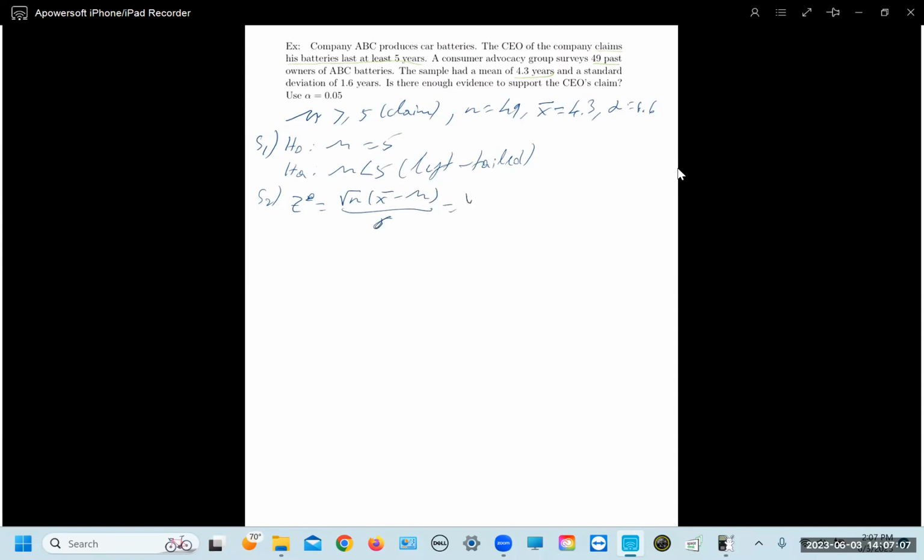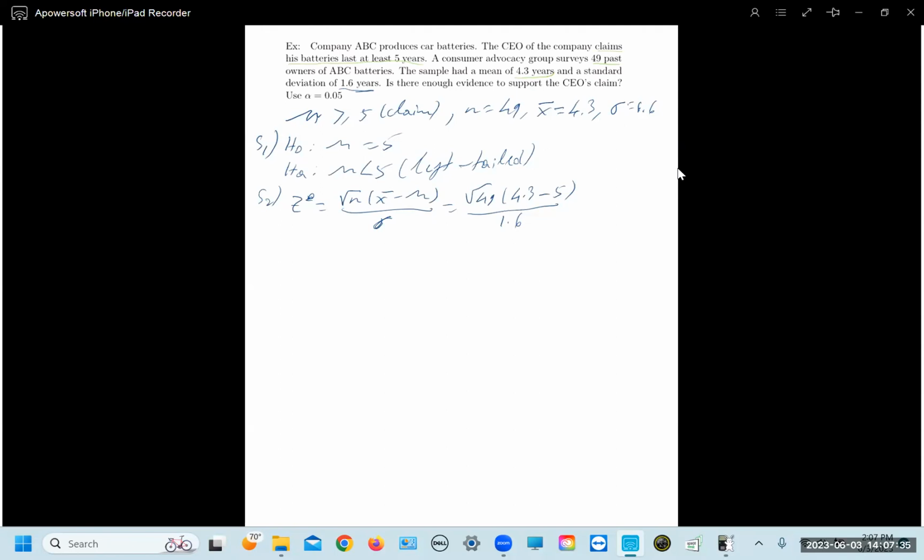So we have square root of 49 times 4.3 minus 5 over 1.6. This one is the sigma, not the alpha. I apologize, this one is sigma, because it's the standard deviation.